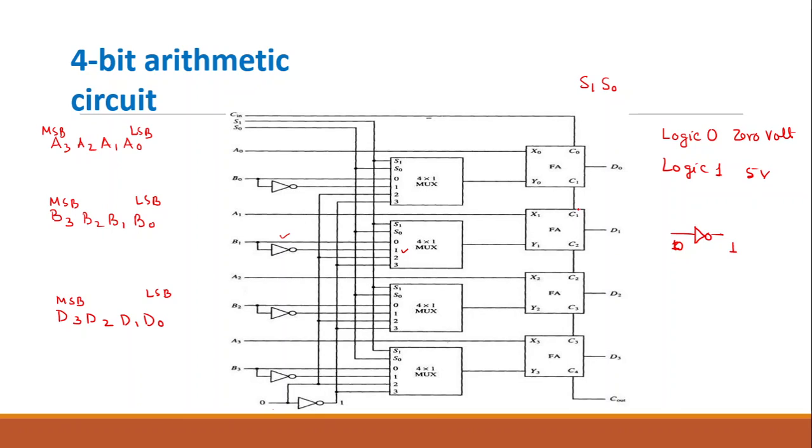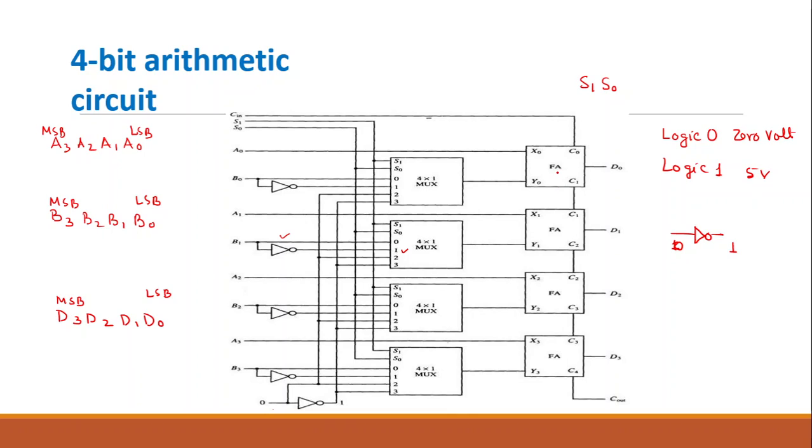All other carries are connected from one stage to the next. From the first full adder, C1 will be connected to the next full adder, C2 to the next, and C3 to the next. So each full adder is connected to the next stage.